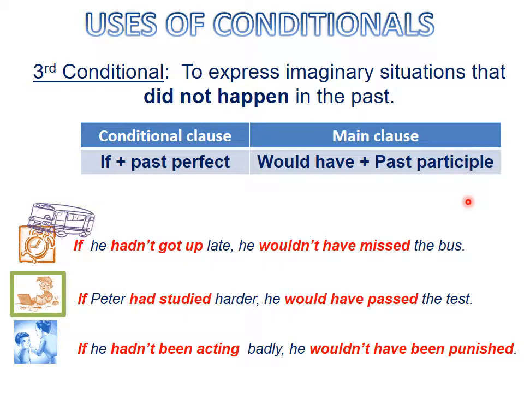Well, don't forget to write down any doubt, any question you may have, and we will share it in our next class, right? We will reinforce all these conditional sentences.